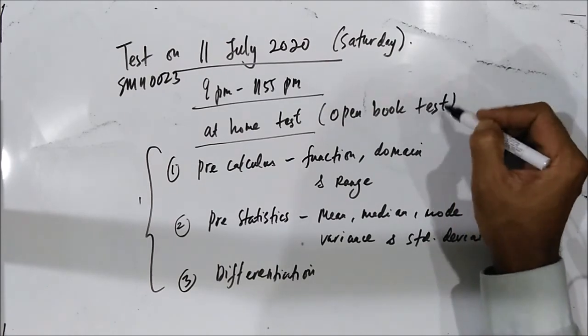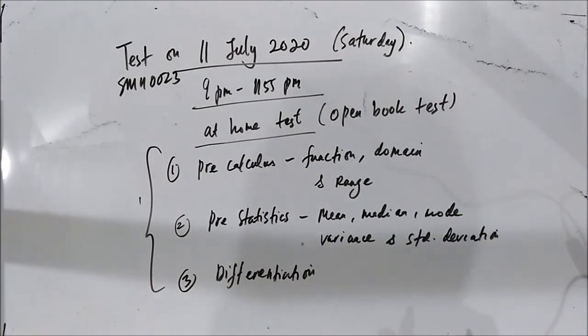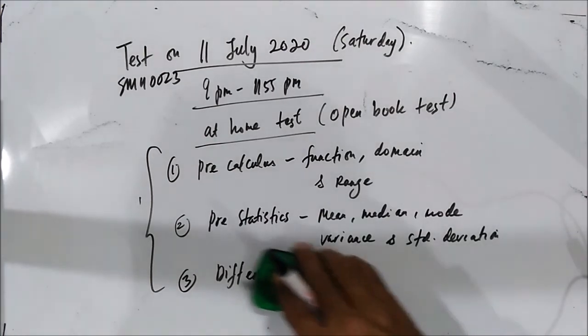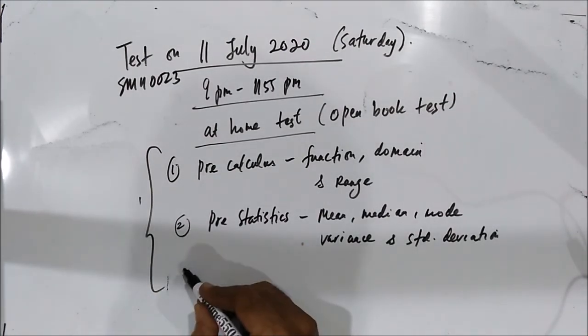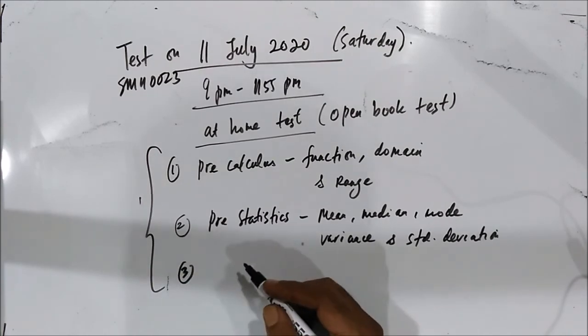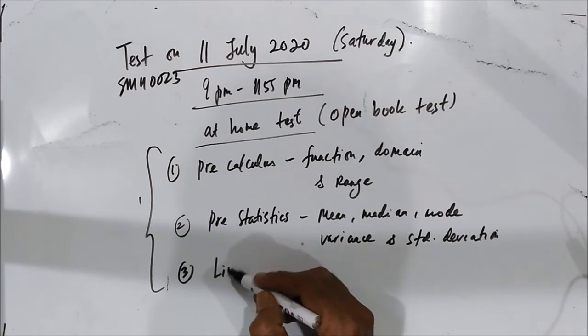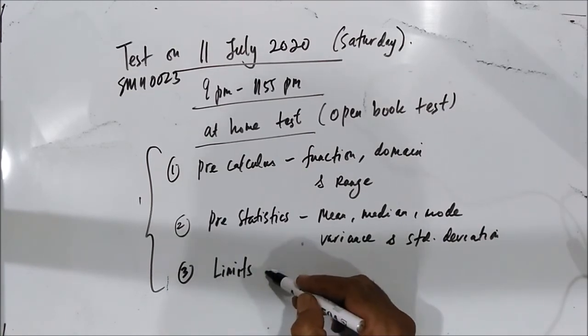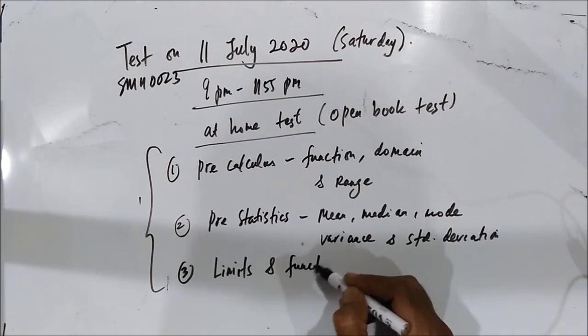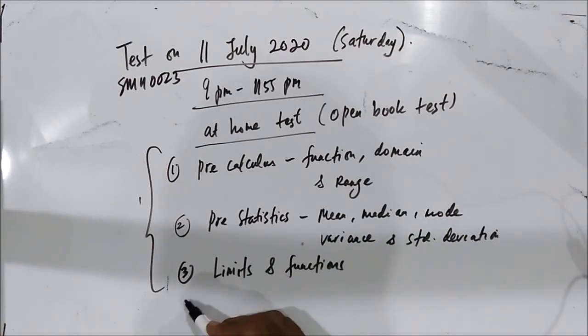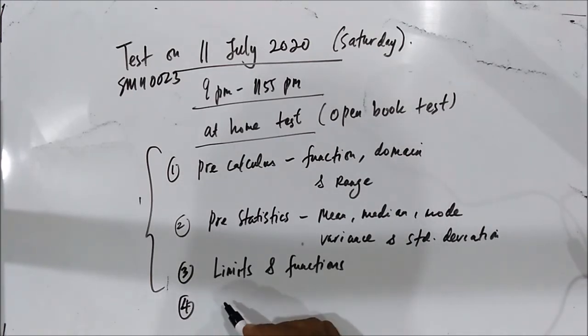The topics covered are pre-calculus, functions, domain and range, pre-statistics, okay? And the third one is limits and functions. Then the next topic is differentiation.